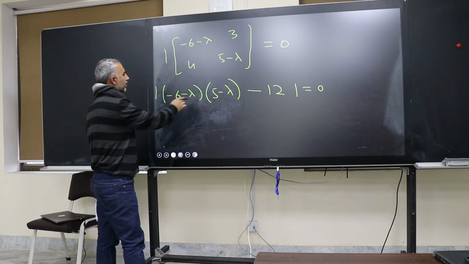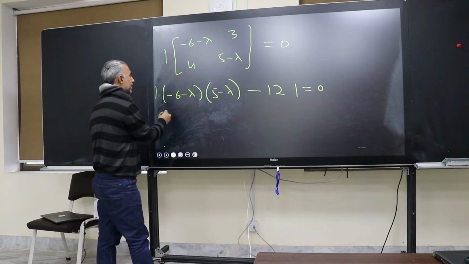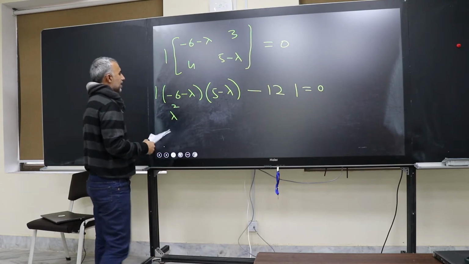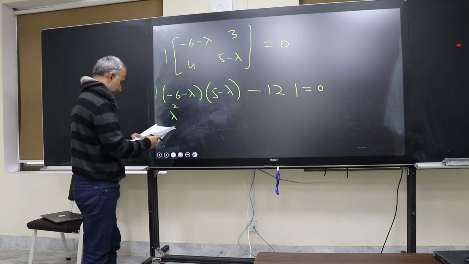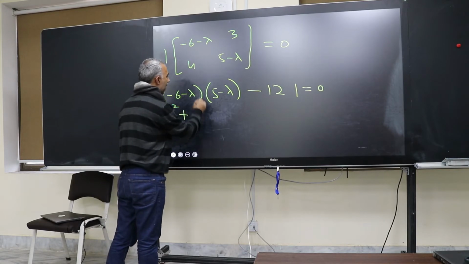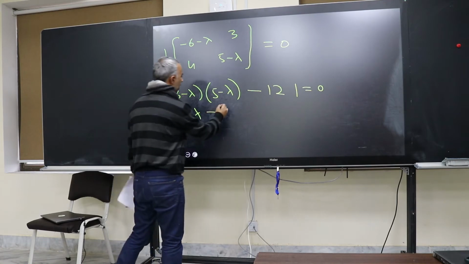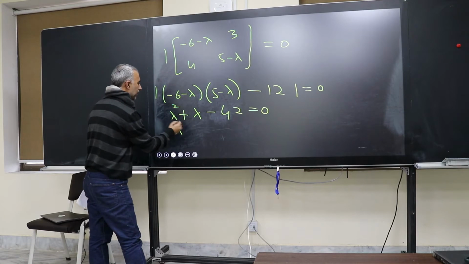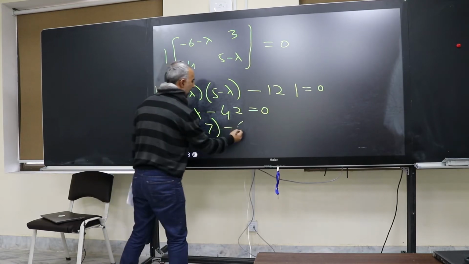So by further multiplying, what will be the value here? Lambda squared, and somehow you will get minus 42 plus lambda, and 6 times 5 is 30 and will be added. So minus 42 equal to 0. By further factorization you can write lambda plus 7, lambda minus 6.